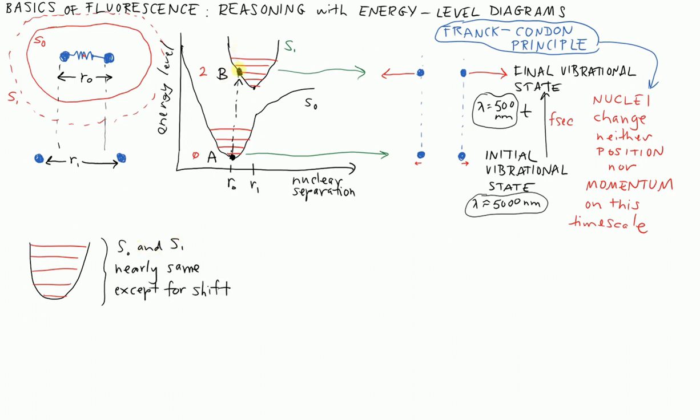The next thing that happens, you will have to trust me on this, is that once the molecule finds itself in state B, it very rapidly relaxes non-radiatively down to a state at the bottom of this bowl. I'm going to call that state C. That's where the similarity of these shapes comes in.